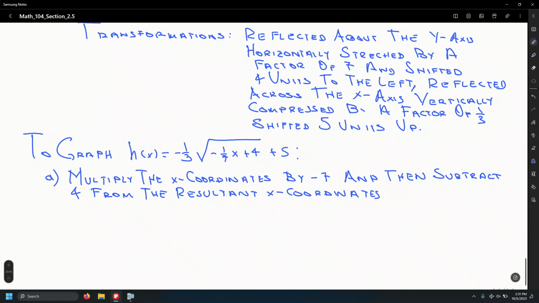So divide the y coordinates by -3, or multiply by -1/3, all right, either way.